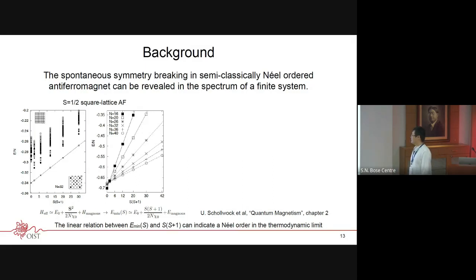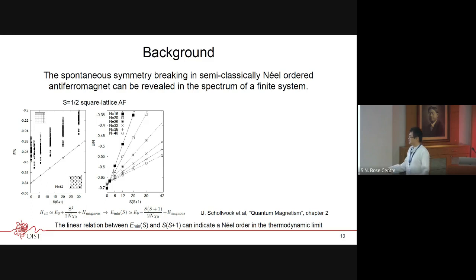So the energy of the top could be described by the squared angular momentum. Now the angular momentum of the system is the spin angular momentum, that means the total S. So the finite size system's energy can be described by this equation.